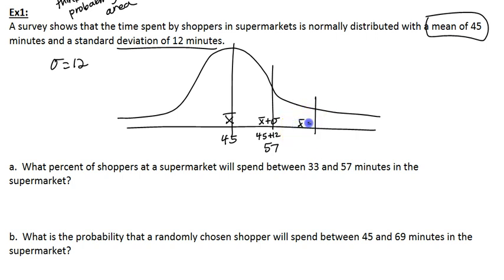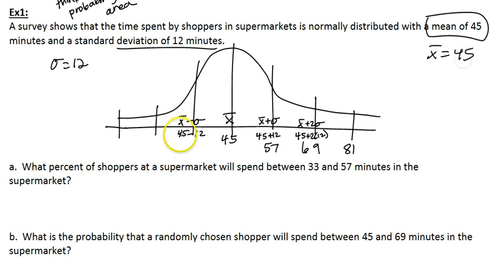And here, when I said it was plus 2 sigma, 45 plus 2 times 12, or just add 12 again, I get 69. Add 12 again, I get 81. And in this direction, I go backwards, so I'm going to subtract. 45 subtract 12 is 33.